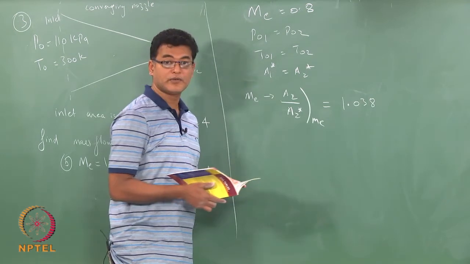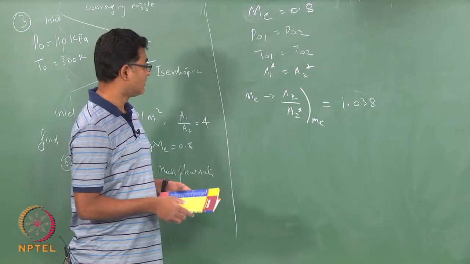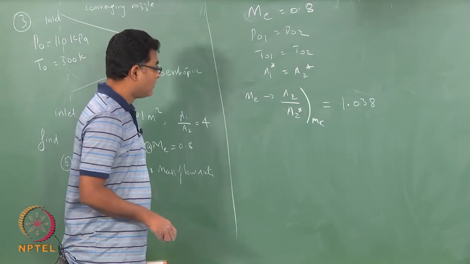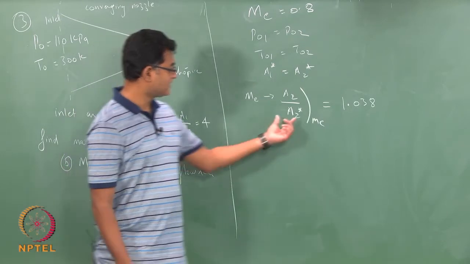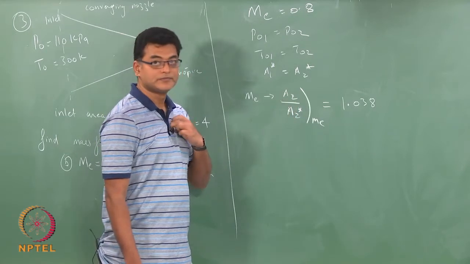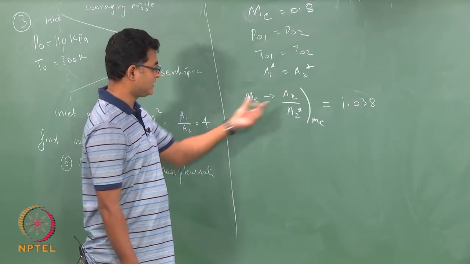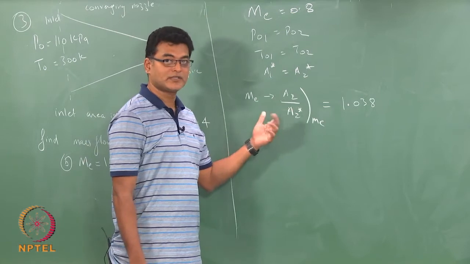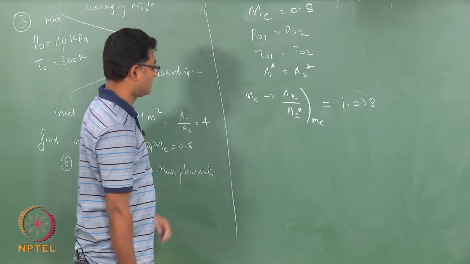Okay. So, your A star is smaller than your A2, which means that you have to reduce further to get M equals 1, that is the meaning of A2 star.